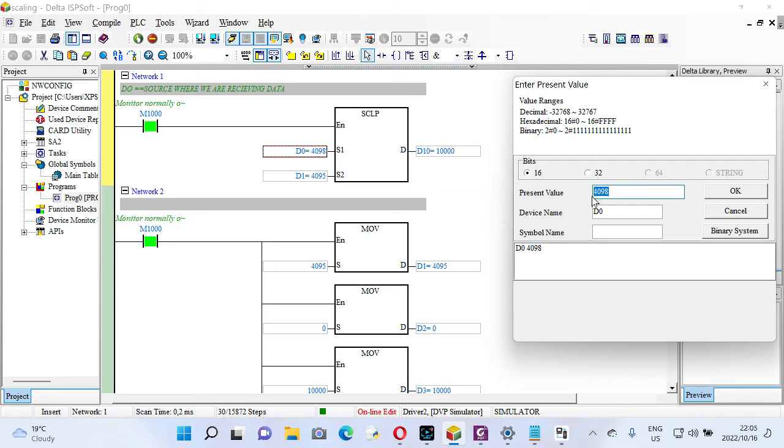I'm forgetting now. I think it was 2048, right? It's taking us straight to 50% of the value. So you see, that's how it works.